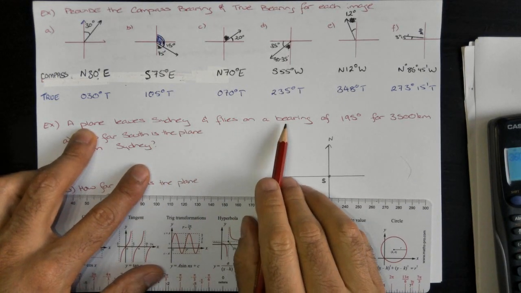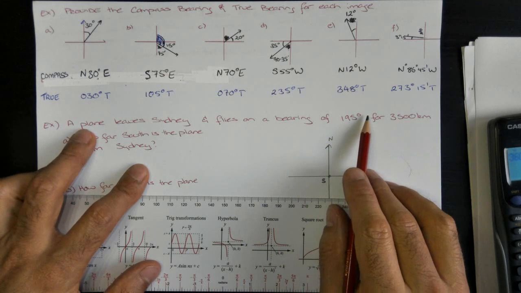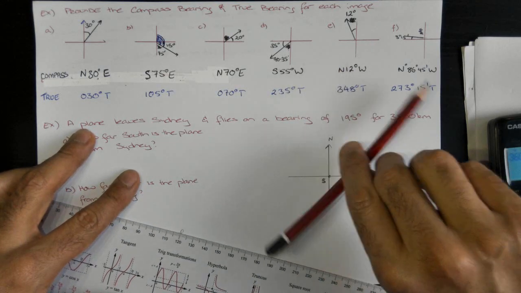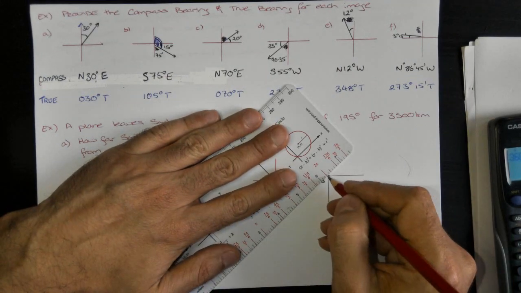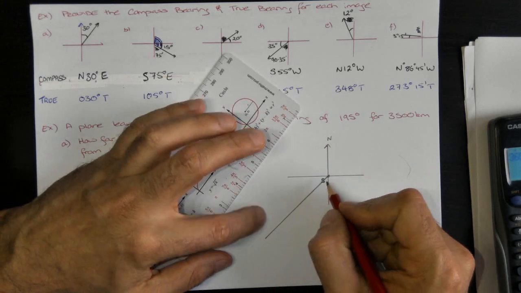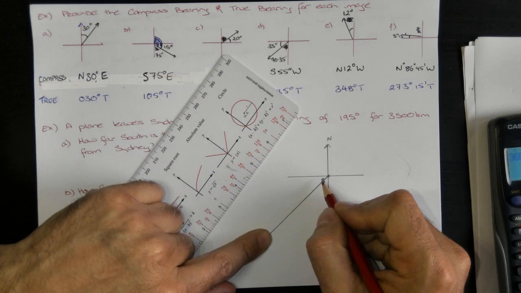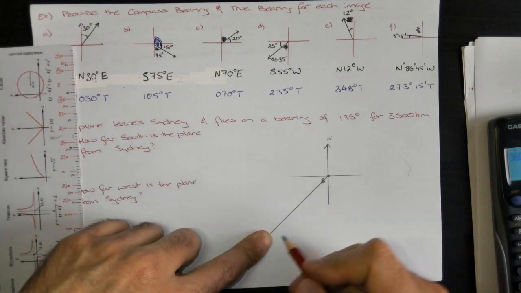and flies on a bearing of 195 degrees. So 195 degrees, that's a true bearing, so we get 180 plus a little bit more. So really, that's our plane flight path.